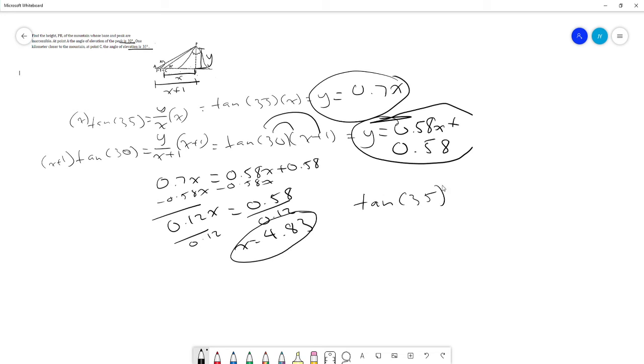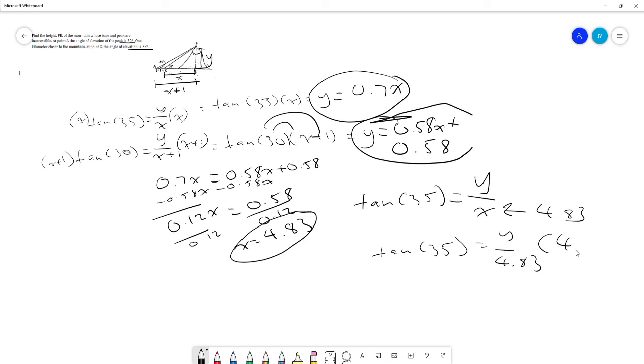So tan 35 is equal to y, what we're solving for, over x. And we're plugging in 4.83 here into x. We just rewrite it out real quick, and we'll have to solve for y here.